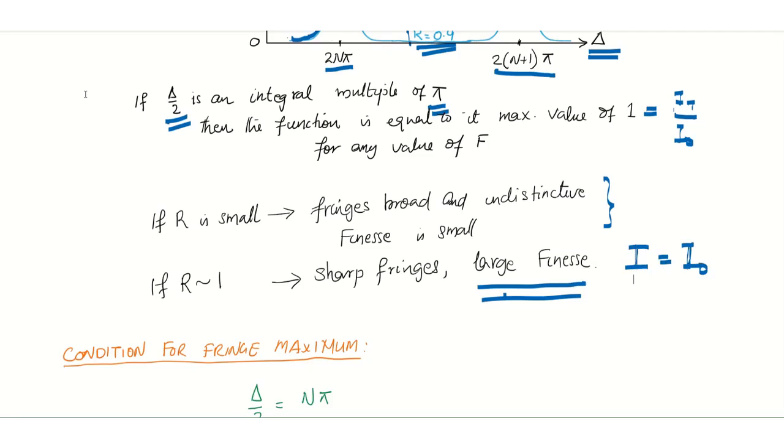Okay, that's interesting, because the intensity of the bright fringes of the transmitted beams will still be there, and it will be equal to the intensity of the input beam.